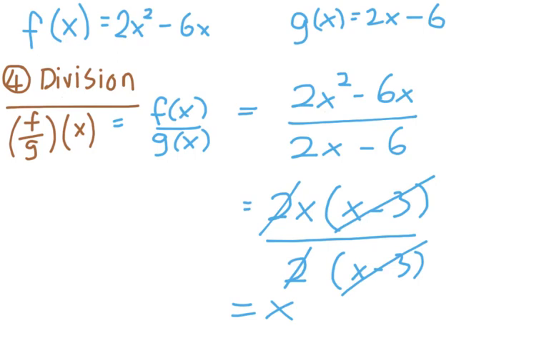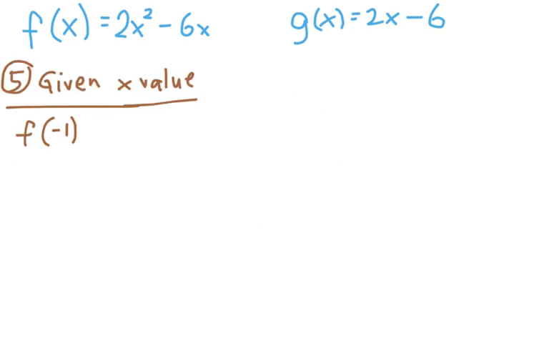Let's move on to the fifth part, which is given the x value. This one we need to calculate. Whenever we see a value inside the bracket, our final answer should also be in terms of a value.